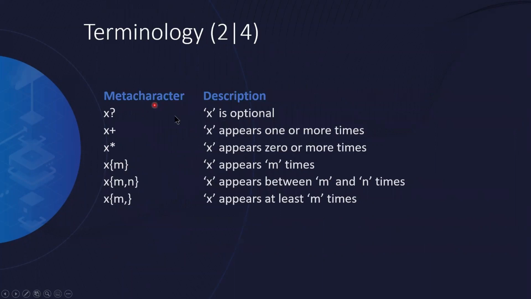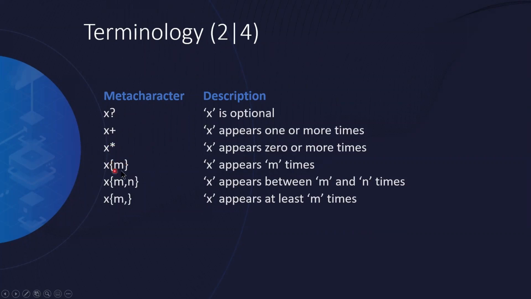So some more terminology. If we provide an X with a question mark, that means that the X is optional. The plus means that X appears one or more times. The star, the asterisk, means that X appears 0 or more times.